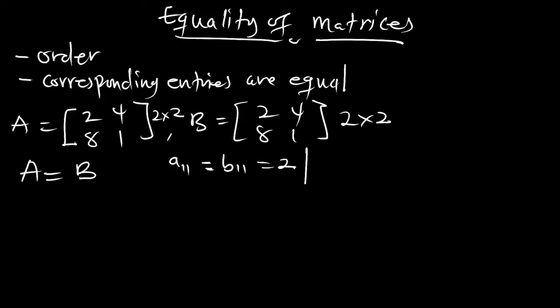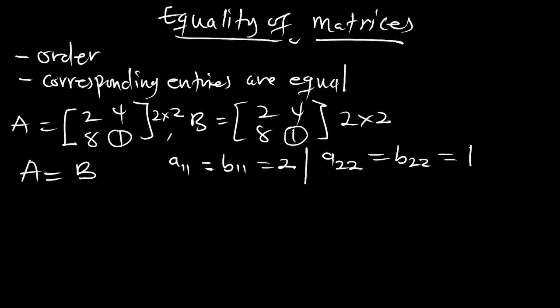Also, A22 is equal to B22. Where is the second row, second column? This is 1, and for B, second row, second column, that is also 1. So the entries are all equal.